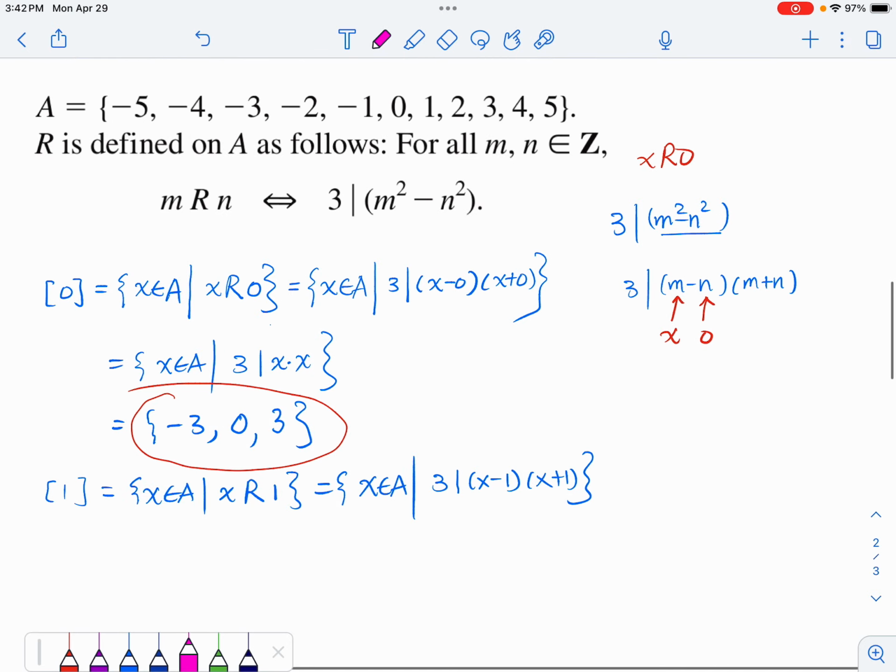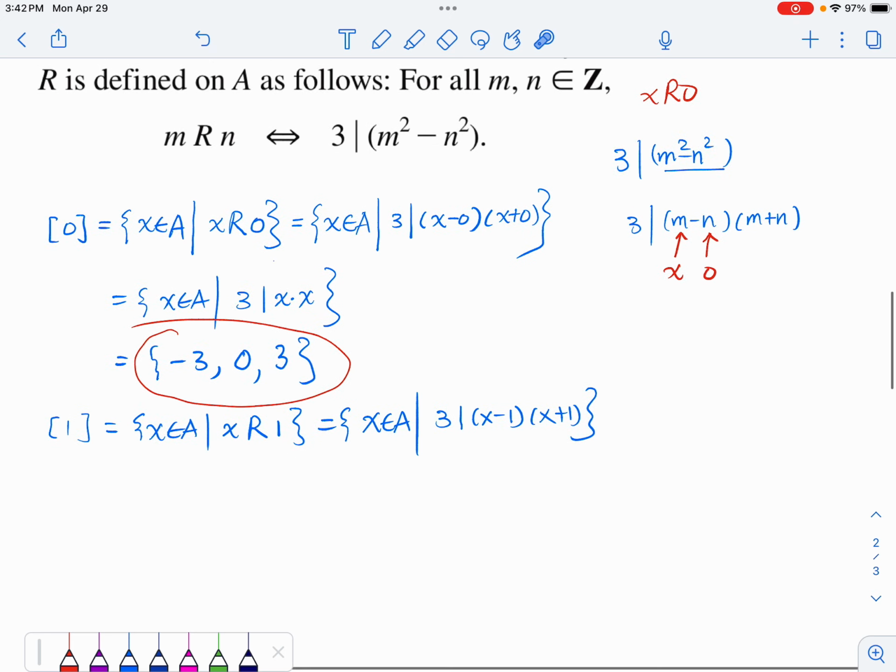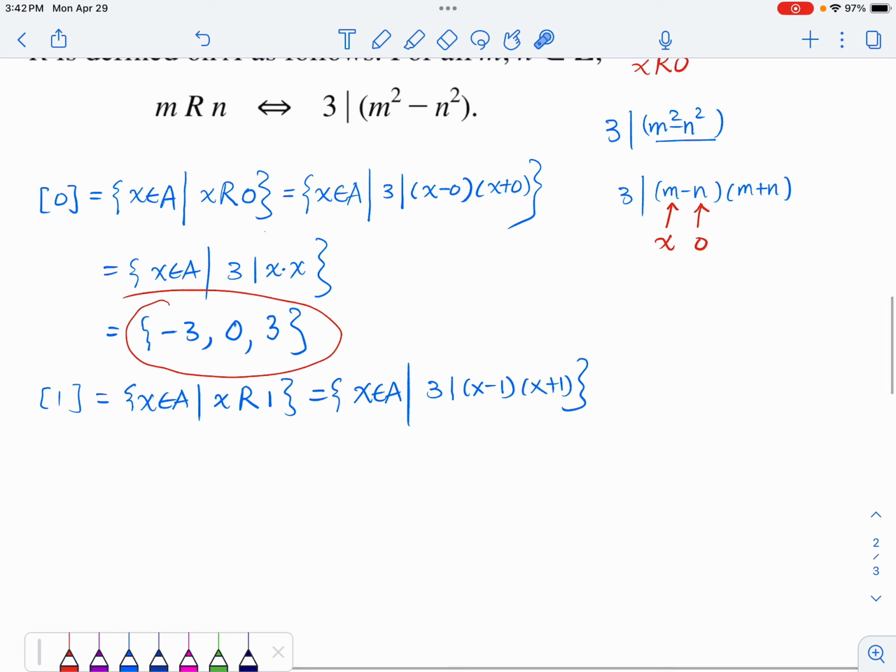By the way, here I just factored, but you certainly do not have to. You can just plug in the values, like x is m and you plug in the other value, but I feel like factoring it out is easier to do the algebra. You do not have to.